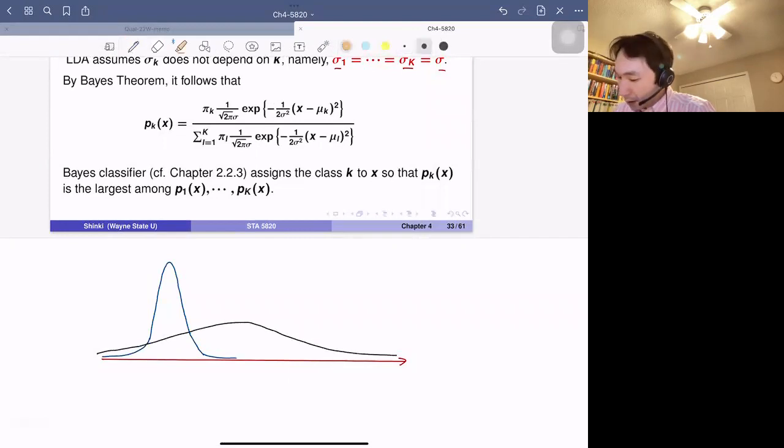The black one has a higher average, so I would say this is class 2, and its center is mu_2, and the first one is mu_1. So in this case, a higher value of X indicates class 2.